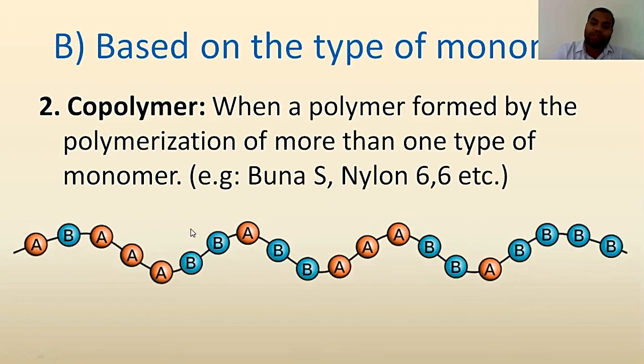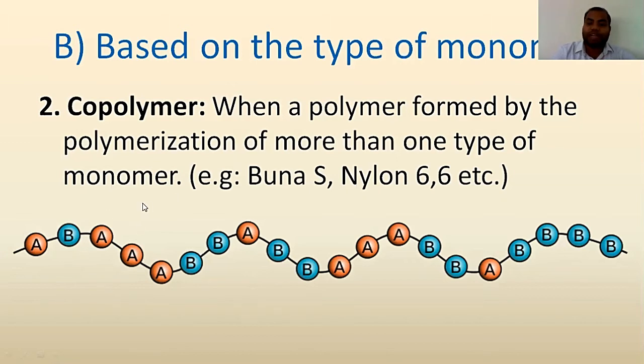So they combine to form the copolymer, and based upon this copolymeric unit, they are also classified like block polymer or random polymer. If one block of one molecule is there next to a different kind of block of molecule, then it can be considered as block polymer.